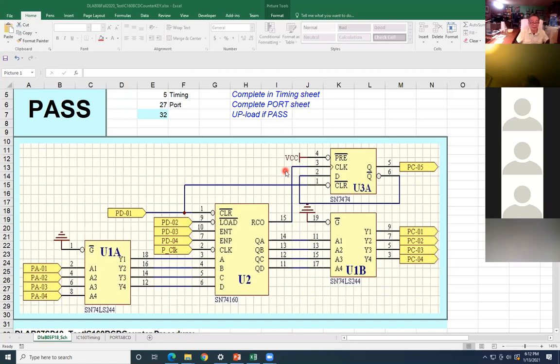Engineer or technician, software, anyway, everyone has to know how to work with the debugger. Without the debugger, you cannot do anything for troubleshooting. I do the same thing you guys are doing. When I build the circuitry, I run the test, and it fails. That's why I need the debugger.